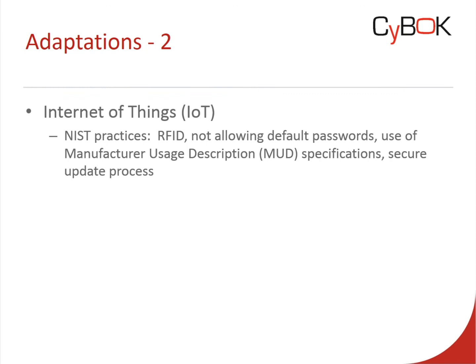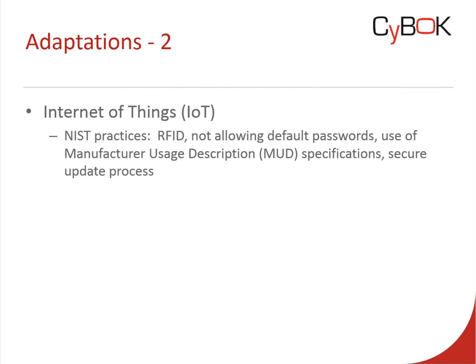Internet of Things is getting more and more popular and more pervasive within our world. And so NIST came up with some standards, and what they're really talking about in their standards related to Internet of Things and security is things like use of RFID or radio frequency identifier tags on the things, if you will, and also not allowing default passwords.